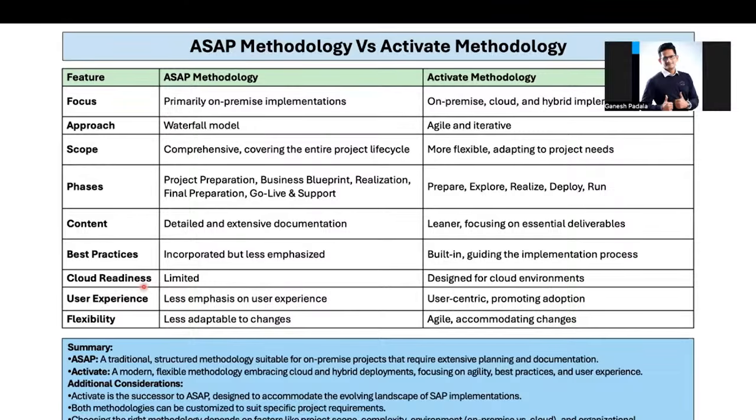Cloud readiness. In the SAP methodology time, the cloud was limited, almost negligible. We worked on the SAP methodology with S/4HANA servers, but still the database was normal and everything was ECC. But when it comes to the Activate methodology, it's designed for cloud environments, because with public cloud you just take the license and pay, like buying a subscription.